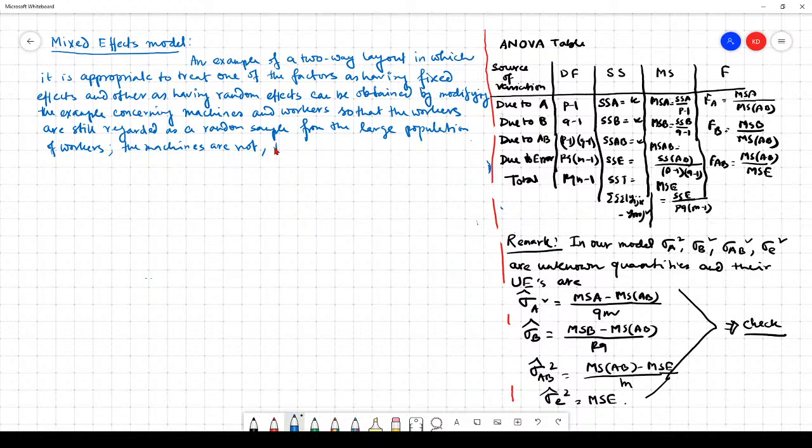The interest is in the individual performance of the machine.